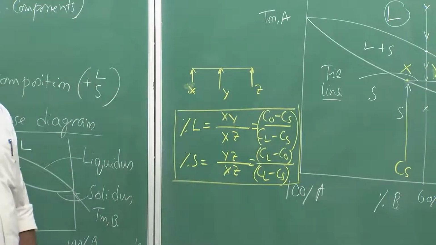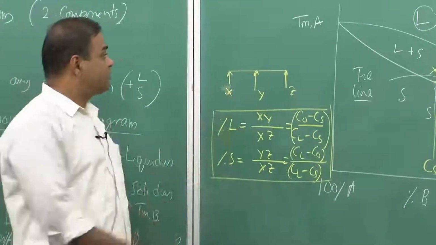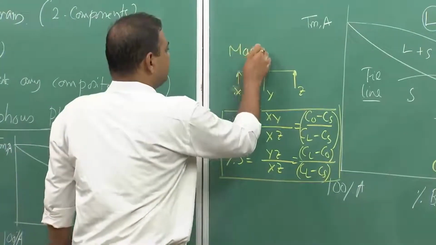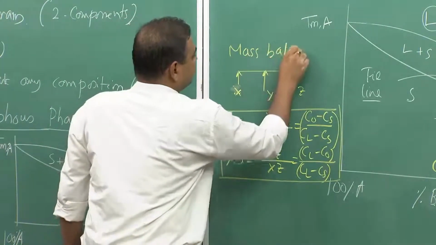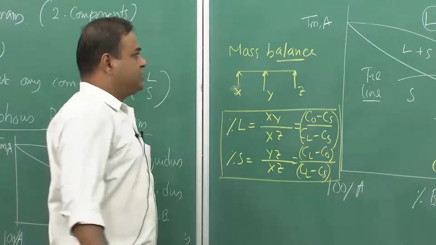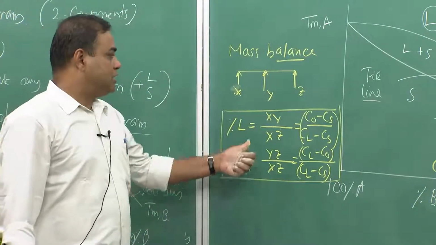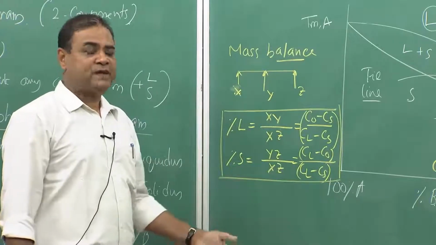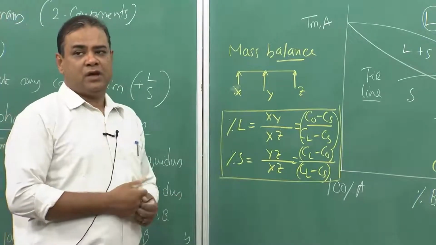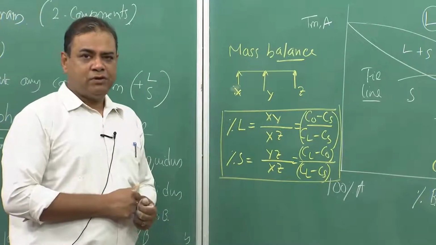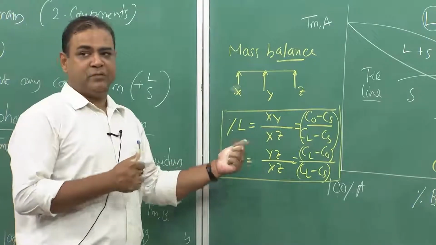I can get this formula. So, this is coming from the mass balance. I want you to look into different books and find out what that mass balance is. Also the TAs will interact with you in order to let you know what that mass balance is.